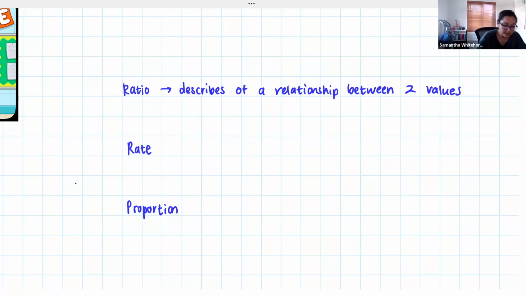A rate also describes a relationship. It describes a relationship between two values, but this time it's where the units are different.